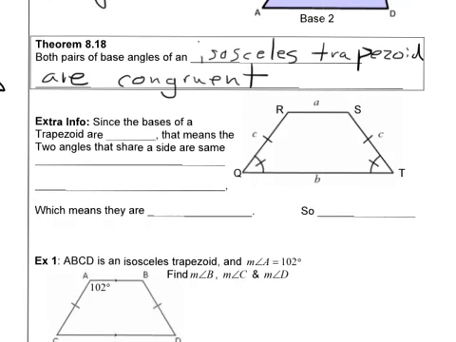Alright, and the other little extra piece of information that you're going to need to know is that since the bases of a trapezoid are parallel, that means the two angles that share a side are same side interior angles of parallel lines, which means they are supplementary.